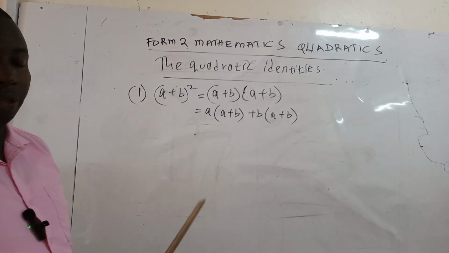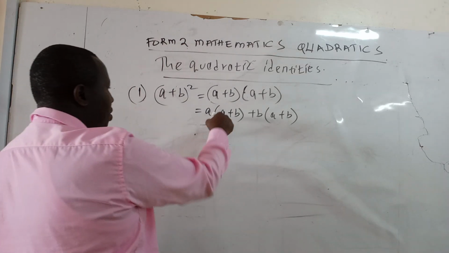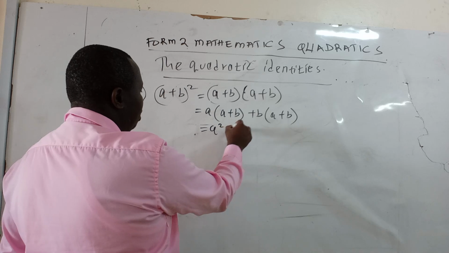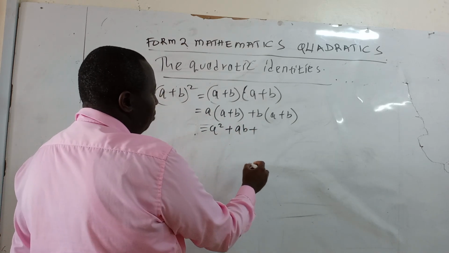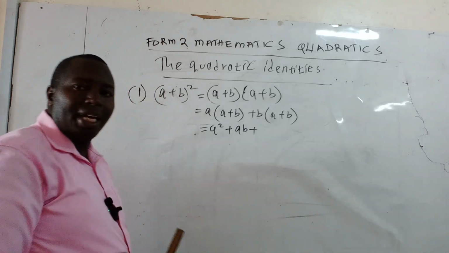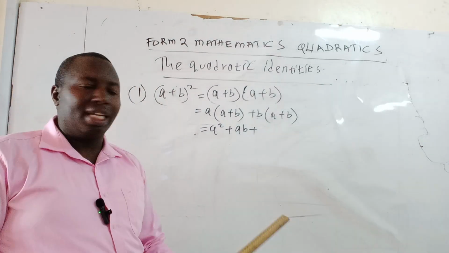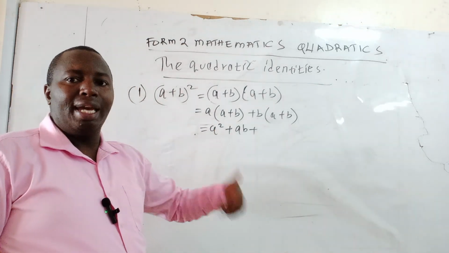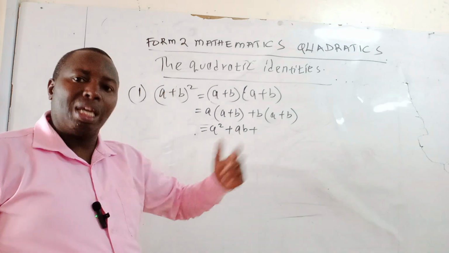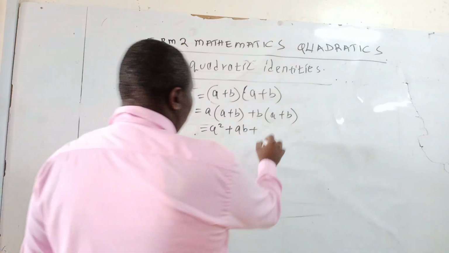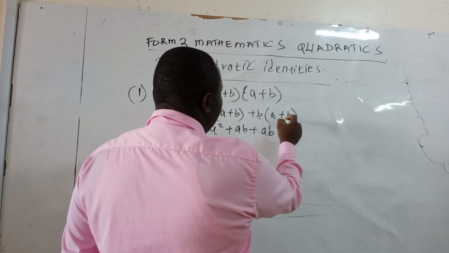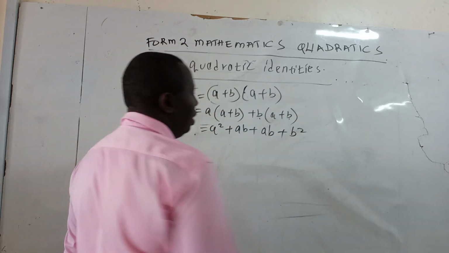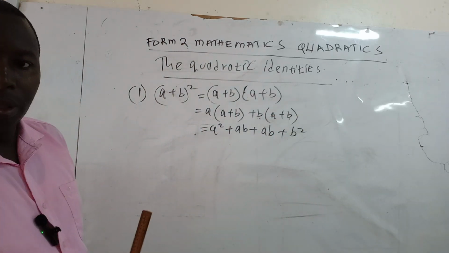Then open the brackets. So a times a, that is a squared. A times b, that is ab, plus b times a. Alphabetically, a times b is the same as b times a, so write it in alphabetical order: ab. Plus b times b, that is b squared.